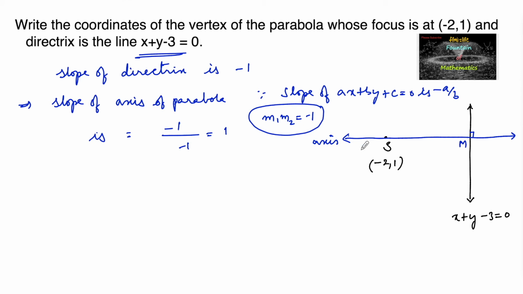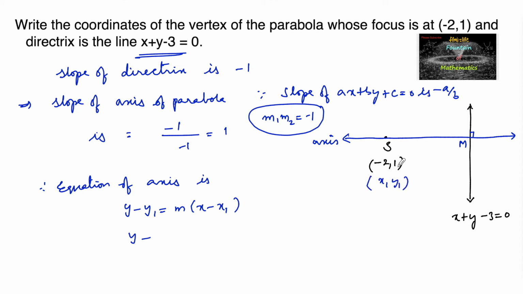So we got the slope of the axis, and it is passing through the point minus 2 comma 1. Therefore, the equation of the axis can be taken by point slope form: y minus y1 is equal to m into x minus x1. The point is given, x1, y1 can be considered minus 2 comma 1.